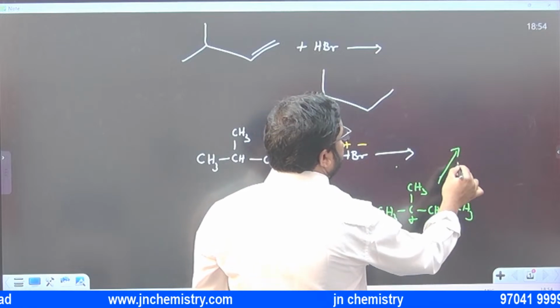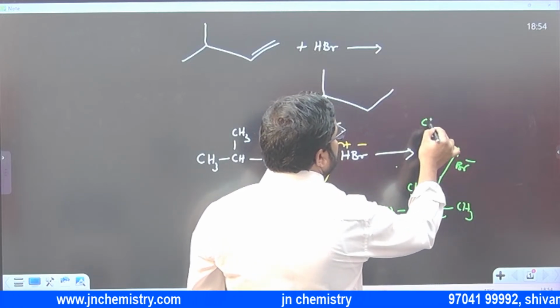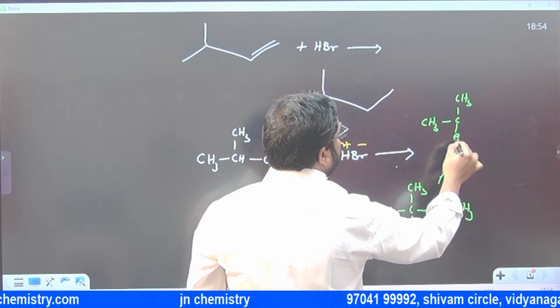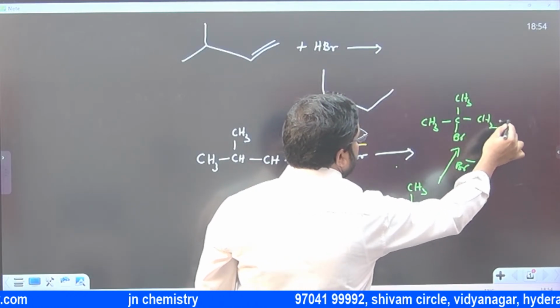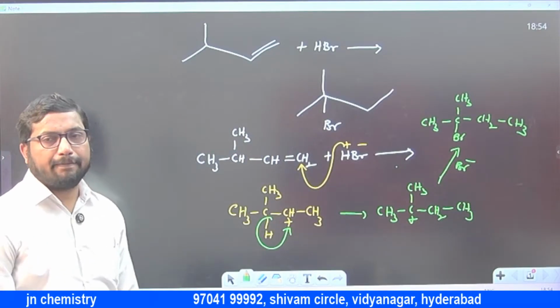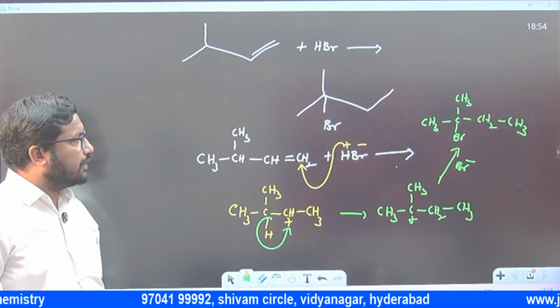So then afterwards Br minus attacks, giving CH3 C(Br) CH3 CH2 CH3. Okay, important one. Write it down.